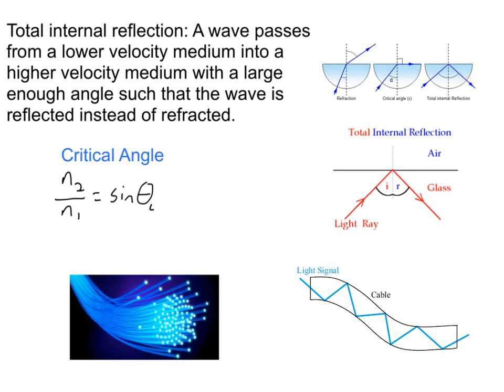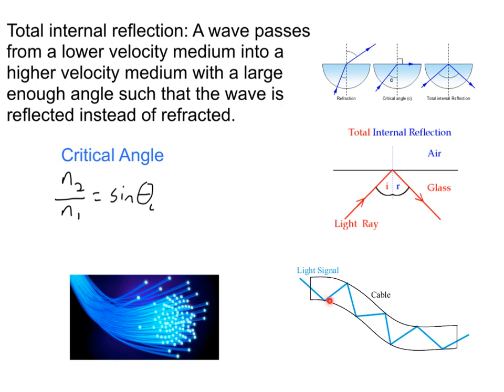Instead, you have reflection that occurs. So whenever you're going from a place like glass into air, water into air, something like that, anytime you're going from a slower velocity to a higher velocity, there is an angle at which it no longer refracts out. It actually reflects in. That's called the critical angle, given by this equation right here. Now, this has many different applications. One of the most obvious applications that's used in our world are optical cables.